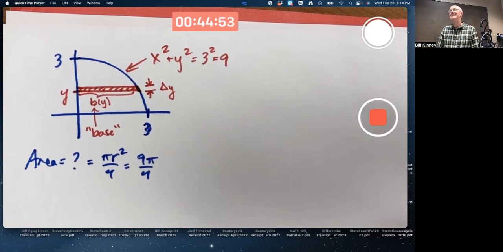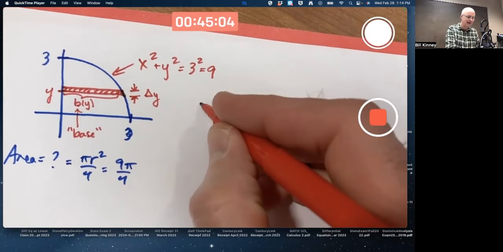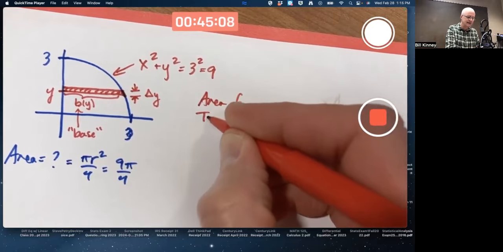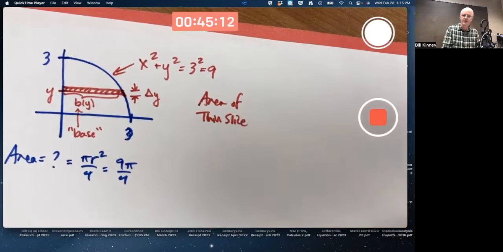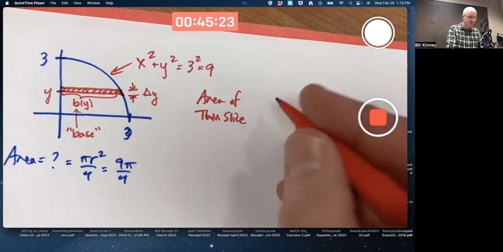Convenient fictions. Let's pretend that's a rectangle. What's its area? The area of the thin slice. I asked the physics professors what they call these things. Sometimes instead of calling them slices, they call them chunks. I don't know. It feels better to call it a slice instead of a chunk.